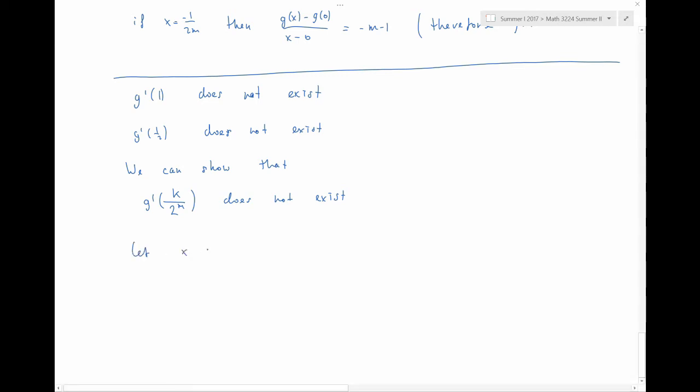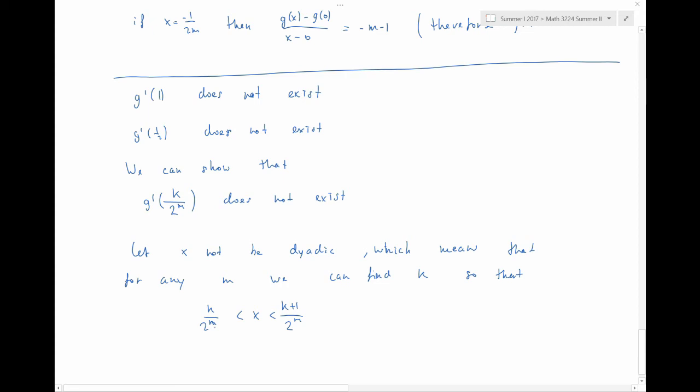Let x not be dyadic, which means that for any m we can find k so that x is less than k plus 1 over 2 to the power m and greater than k over 2 to the power m.